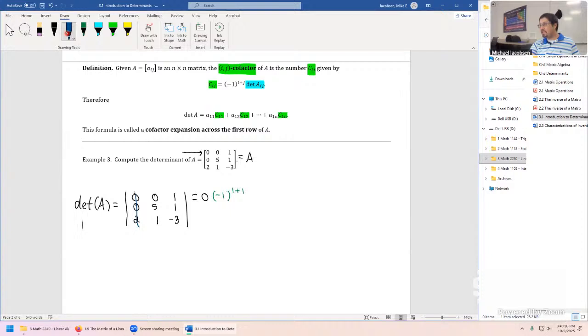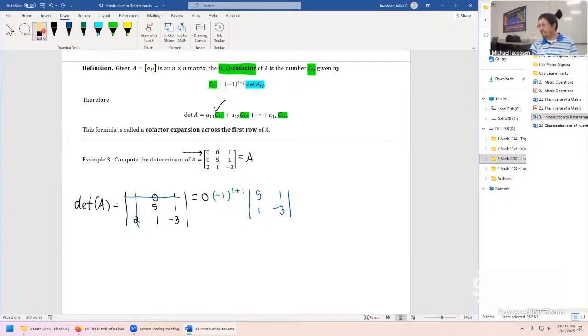Well, that's found by deleting row 1 and column 1. So the determinant is just this: 5, 1, 1, negative 3. And honestly, it looks silly writing this all down because we know 0 is going to multiply it. This is all just a glorified 0. But this is just for the sake of seeing the pattern as we write these out. So that's the very first term, this one.